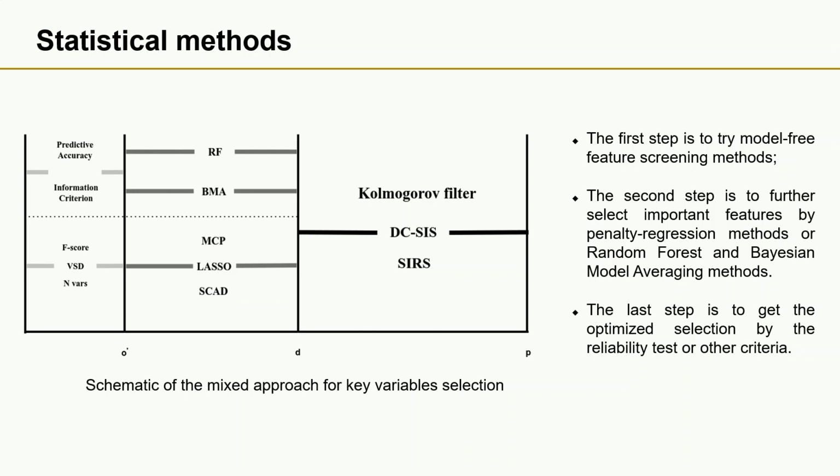Finally, we provide optimized variable selection results with reliability tests and other criteria. And then we used partial least squares SEM modeling, mainly because it can handle small sample sizes and model latent factors with few indicators.